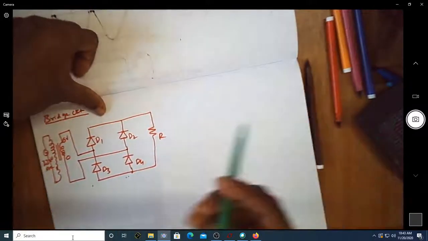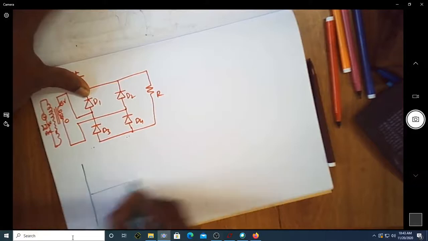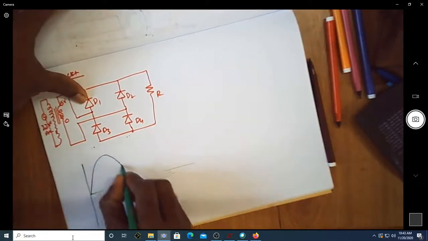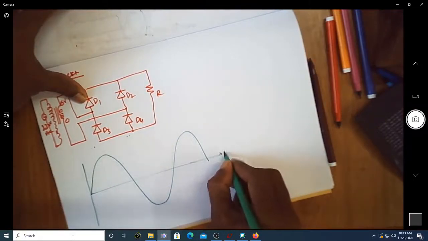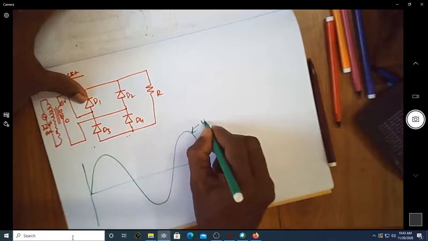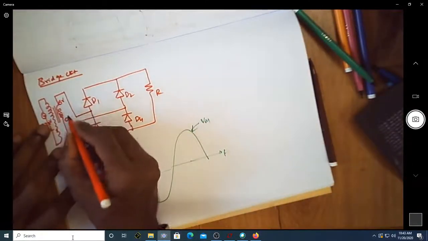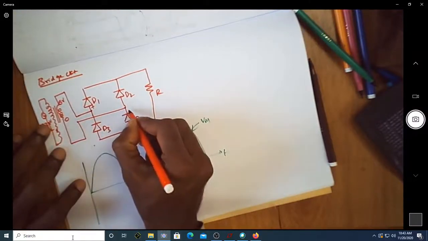Okay, let us see during the positive half cycle. So let me just write the positive half cycle of the waveform. This is my positive half cycle. This is again negative, and again positive. This is Vin. Now during the positive half cycle, you can see this is positive, this is plus, and this is negative and this is negative.